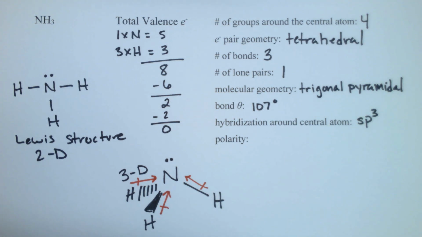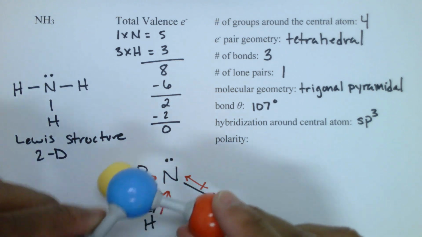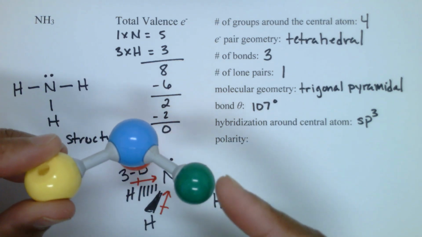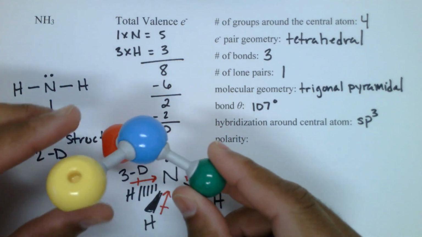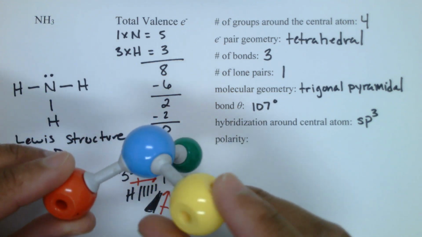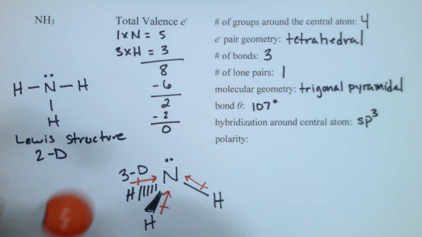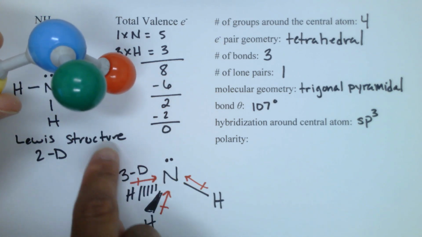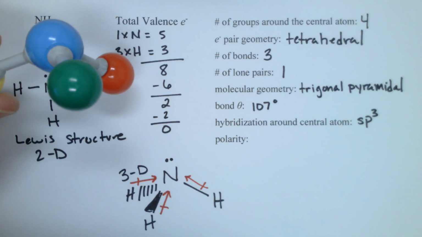Let's bring that model back. And so this is interesting. You can see the three bonds here, and the electron density is actually being pulled upwards towards the nitrogen. What I like to tell my students here is to look at these dipoles. There is no dipole pointing towards this dipole to cancel it.